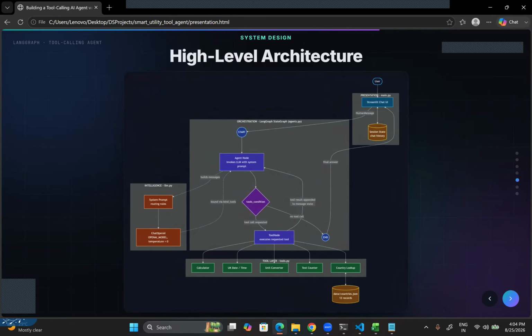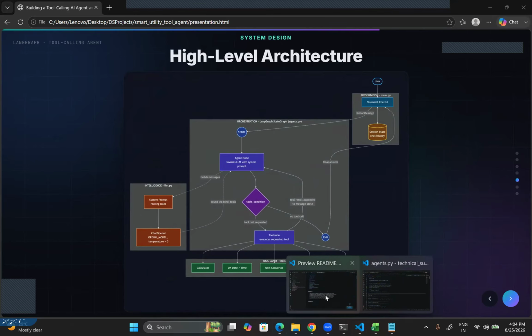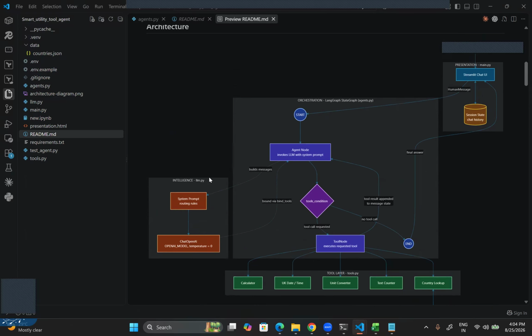Now, here's the high level architecture. Not very clear. Let me show you over here. Now, if you see this properly, there are 4 layers. One is the presentation layer. That is the Streamlit app that I built. Then the orchestration layer. That is LangGraph. Then intelligence.